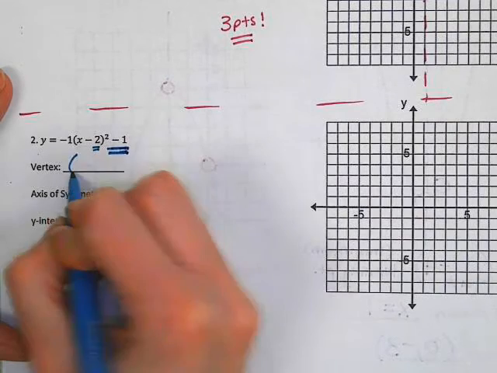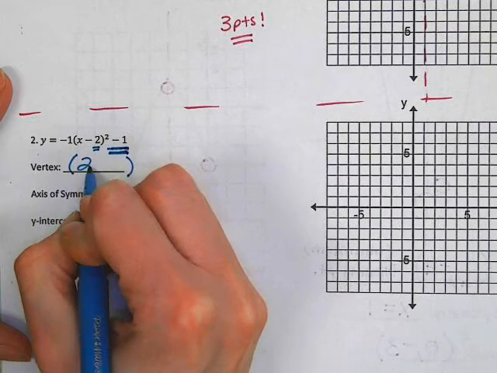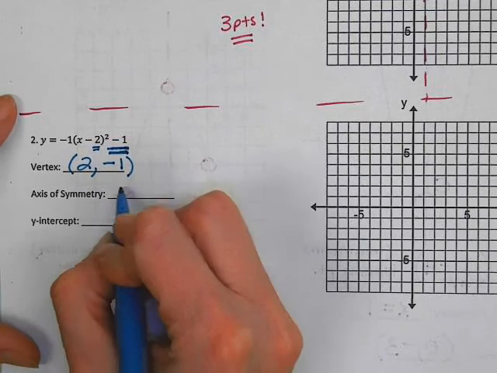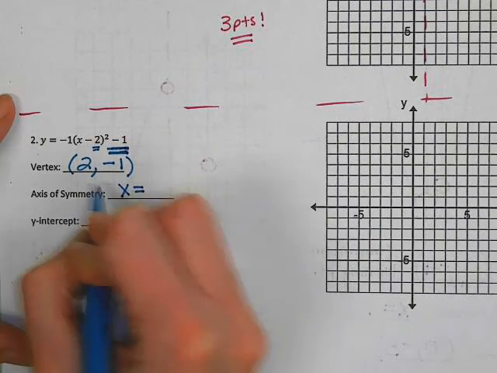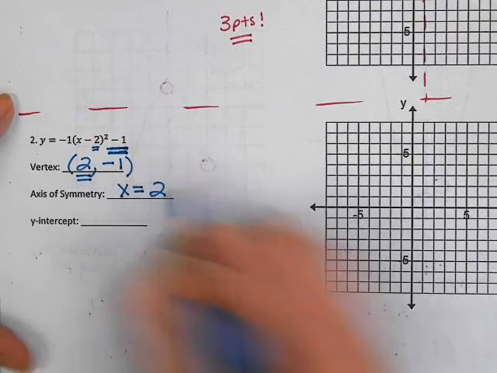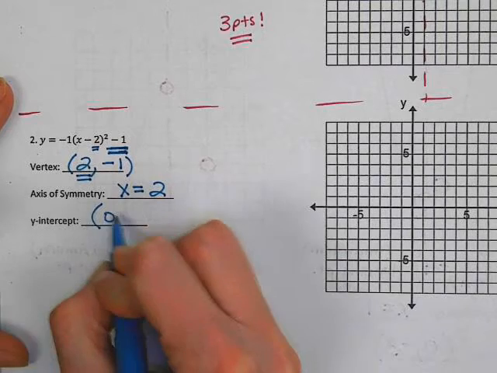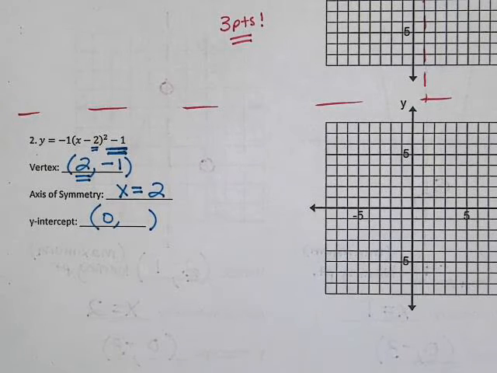So the vertex on this one is 2 comma negative 1. The line of symmetry is a vertical line, so x equals the x value of the vertex. So x equals 2.